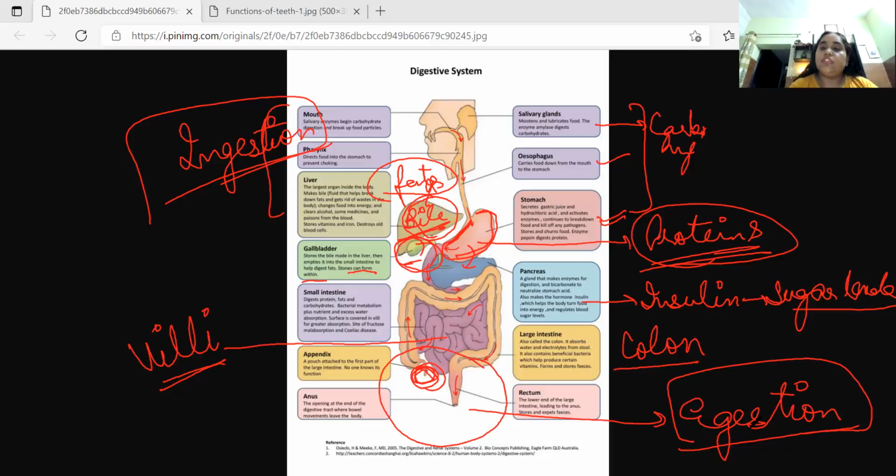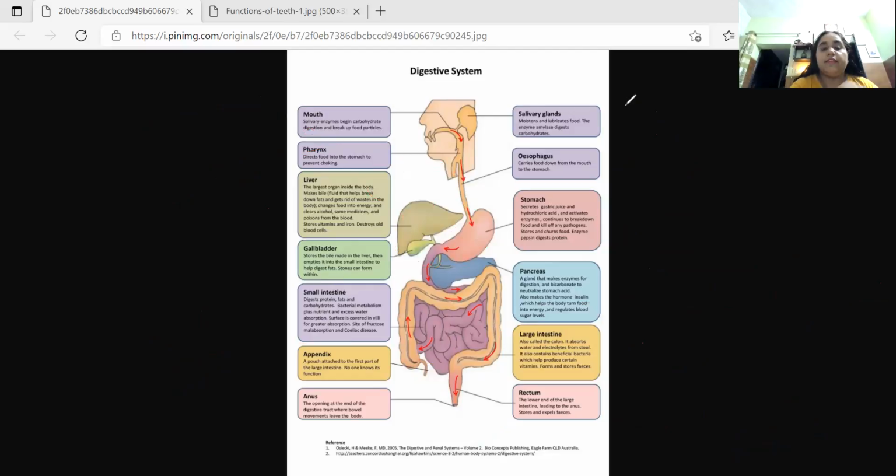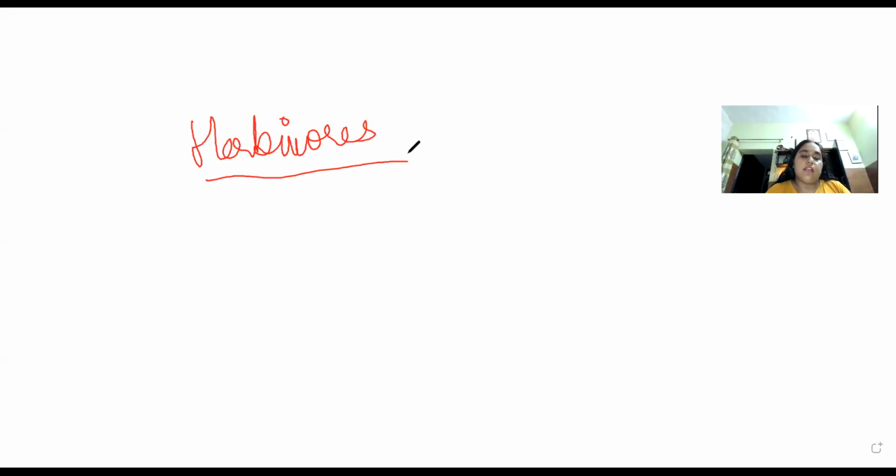Now, next in this chapter, we have the digestive system in the case of grass eating animals, that is your herbivores, like your cows and buffaloes, right?